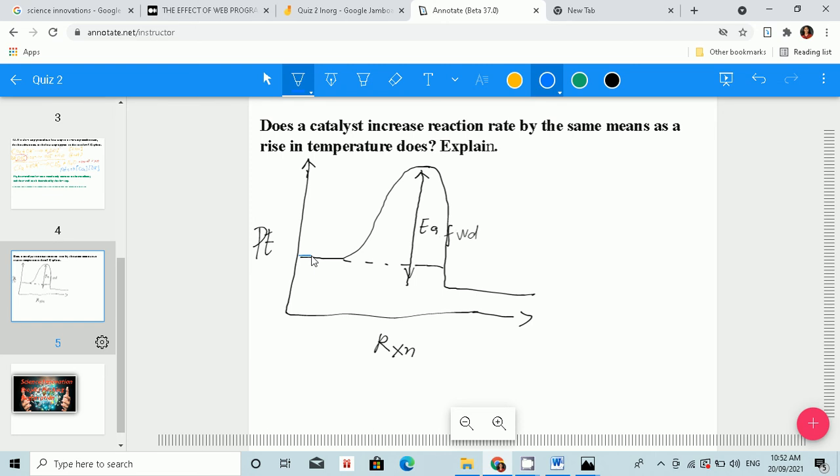We will start at the same energy, the same starting material, but if we have a catalyst, we end at the same product.